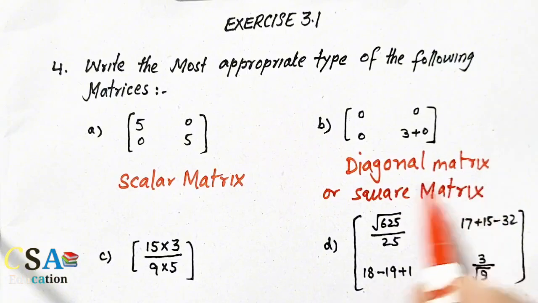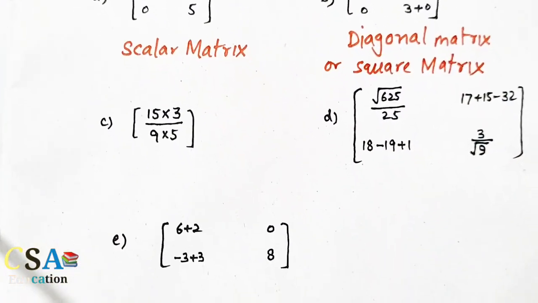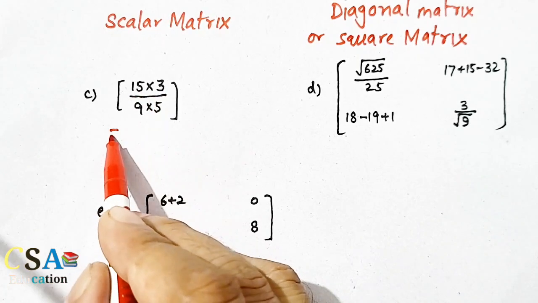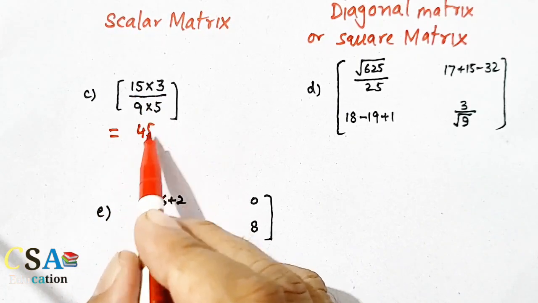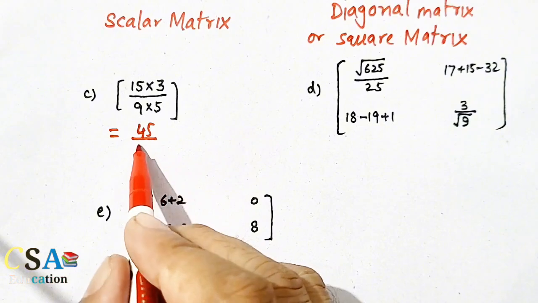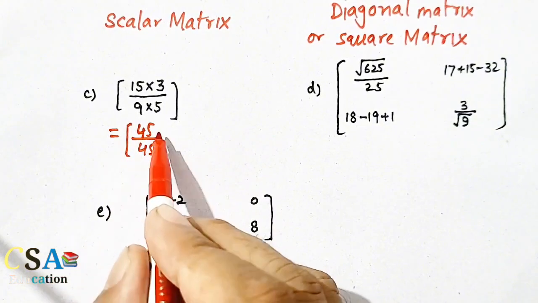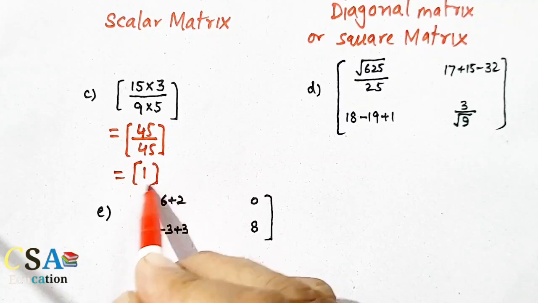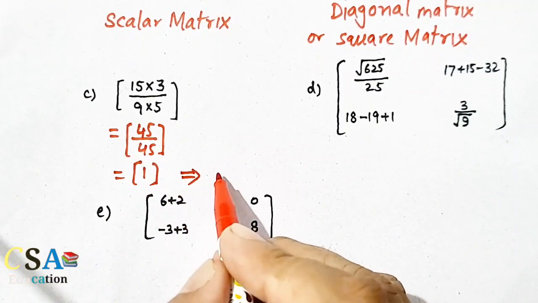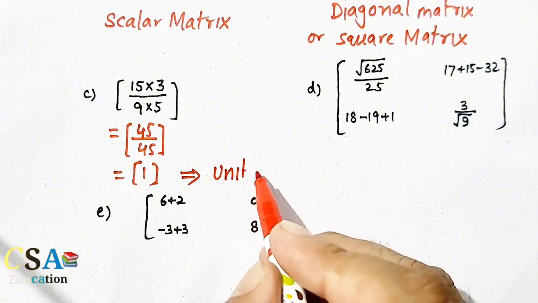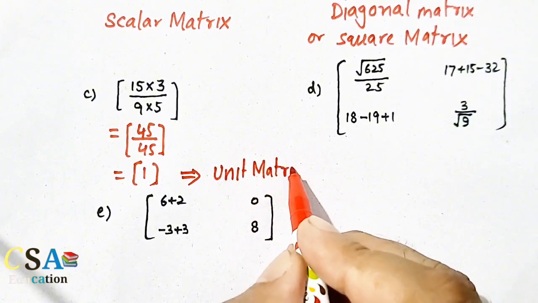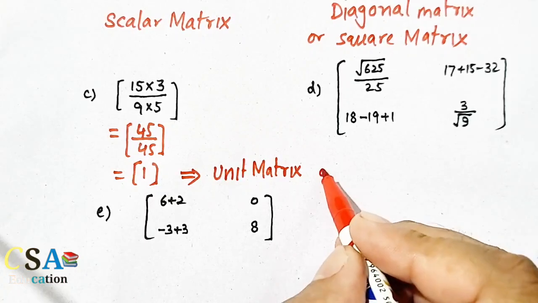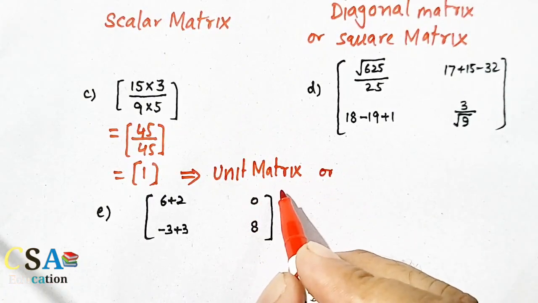So move to third part, which is 15 times 3 will be 45 and 9 times 5 is 45. So 45 divided by 45 is 1, which is called unit or identity matrix. Unit matrix, or it is also called identity matrix.